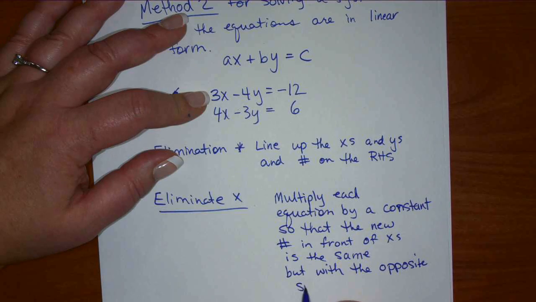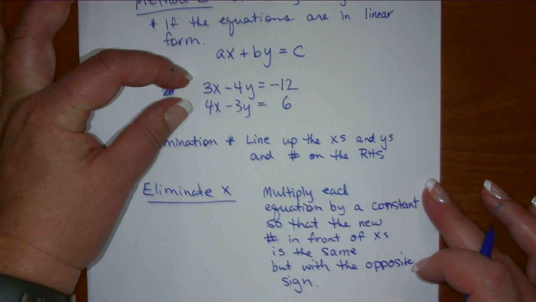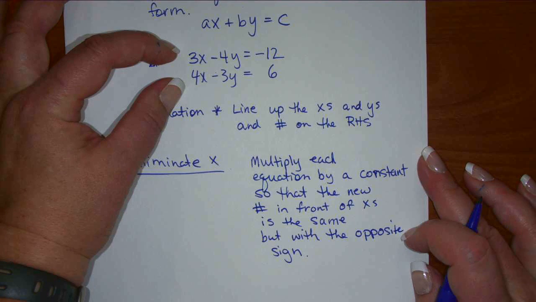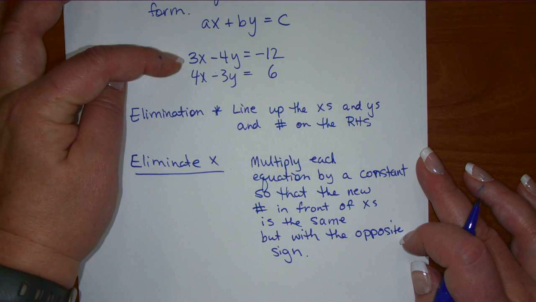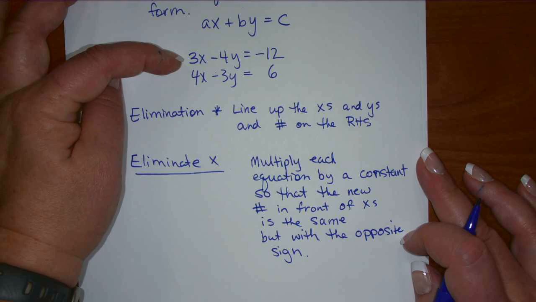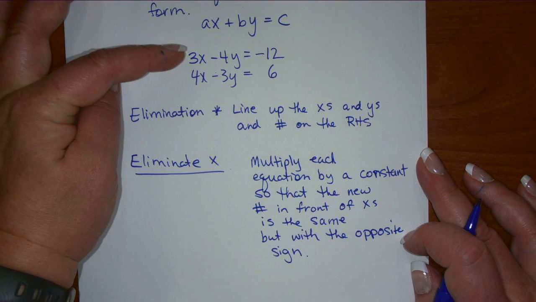So one's positive and one's negative. Okay, look here, we've got a 3 and a 4. What could we multiply the equations by so that the number in front of the x, ignore everything else, is the same number? What could we multiply the first equation by? 4. And the second equation? 3. It's kind of like finding a common denominator.